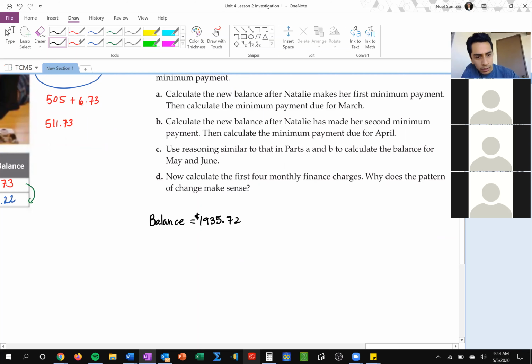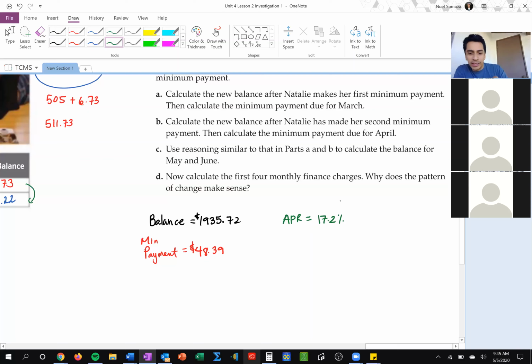Okay. The minimum payment that is required is 48 with 39 cents. And then something else that they tell us here is that she has a finance APR that's equal to 17.2%.